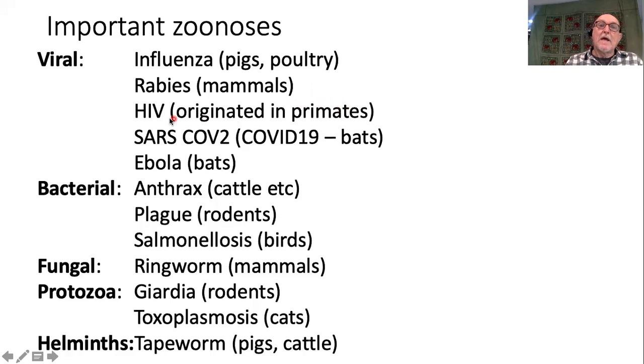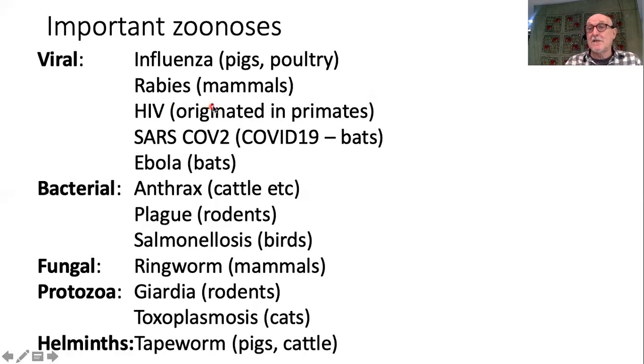So another one to think about is HIV, human immunodeficiency virus. Human immunodeficiency virus is actually a zoonosis, but it has been in the human population for long enough that it's become a purely human disease. There is no animal reservoir for HIV, even though it originated in animal populations.